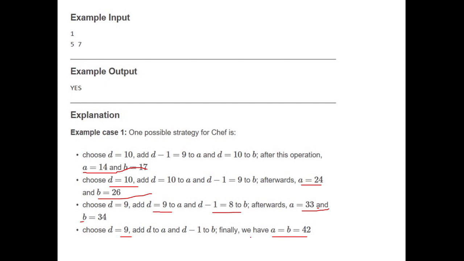Now let us take another example. The number of test cases is 2, and like before, the input they have provided, we are taking that only. The value of a is 5 and the value of b is 7. If we focus, d is any positive integer.